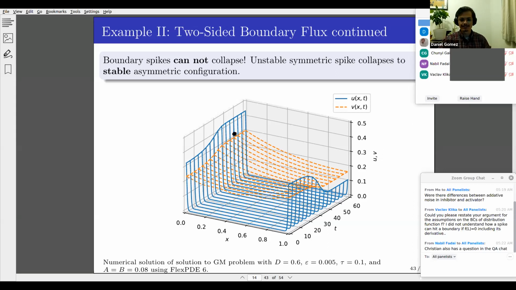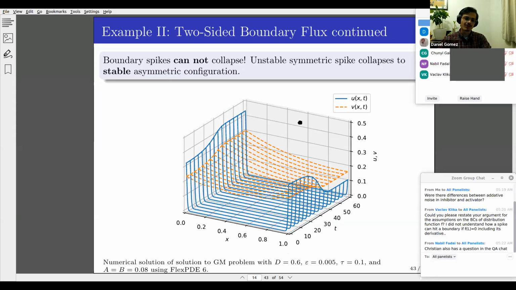So in a sense, introducing this activator flux leads to a stable asymmetric configuration. I should maybe put quotation marks on stable because it's essentially built into the problem. A symmetric spike in this simulation underwent a competition instability, and instead of having one of the spikes disappear, it went to the stable asymmetric pattern.